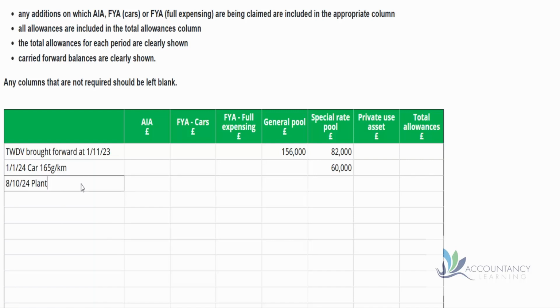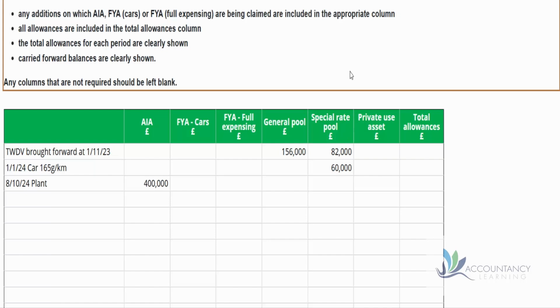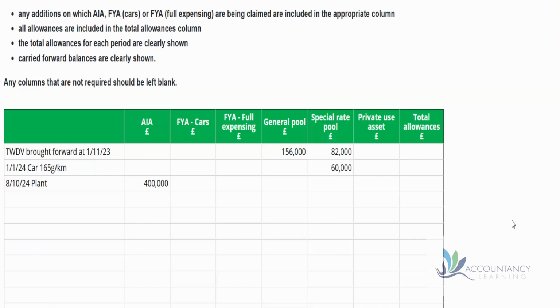Given that if we put it into the full expensing column, it could create a balancing charge on disposal, it would be more advantageous to put it in the annual investment allowance column. And that means all of it could be written off for tax purposes in this year.